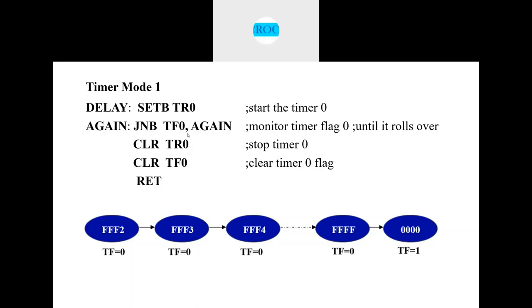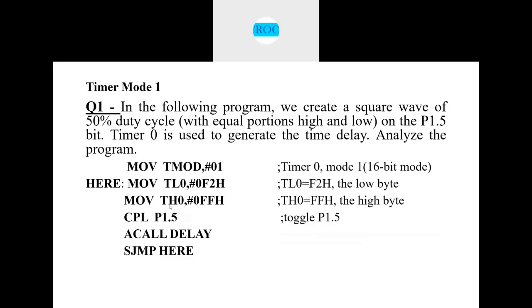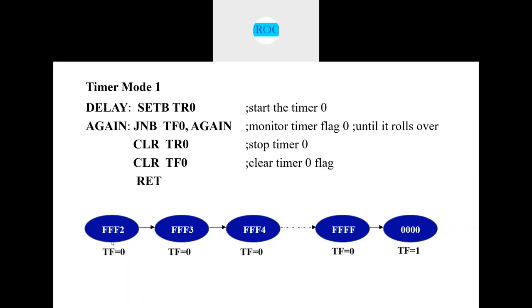Since the bit is not set here, it will keep on monitoring whether the overflow flag bit is set or not. Now the counter will keep on incrementing. You can see the initial value we had in this program: the higher byte is FFH, the lower byte is F2, so the initial count in the registers is FFF2, right?